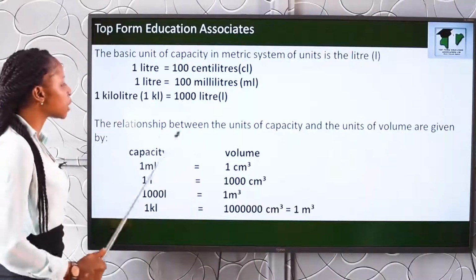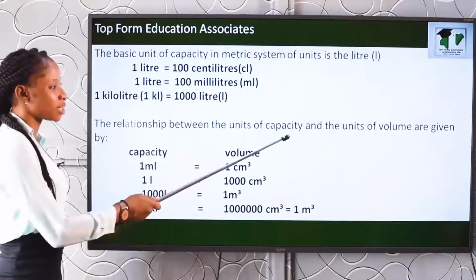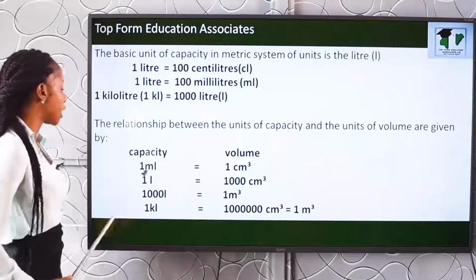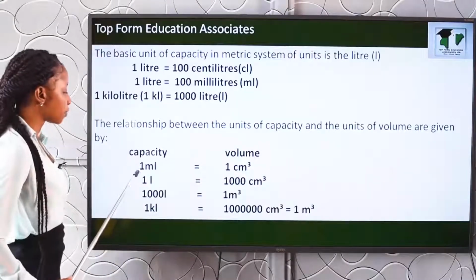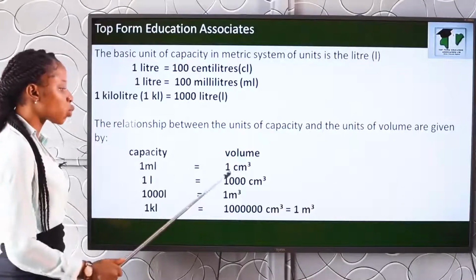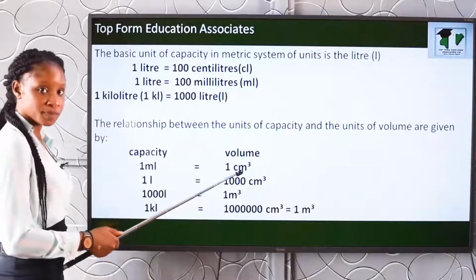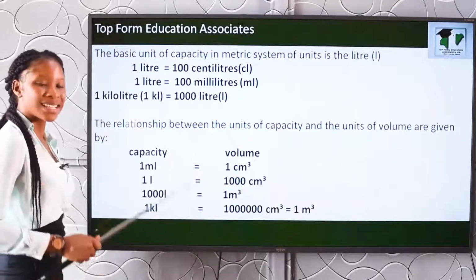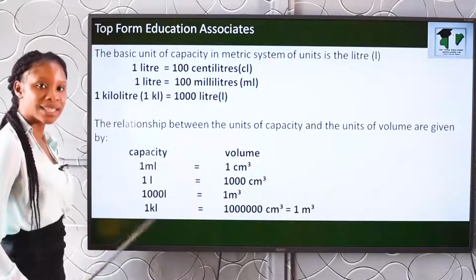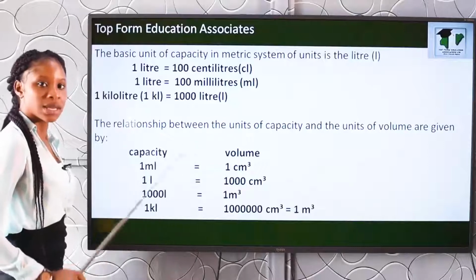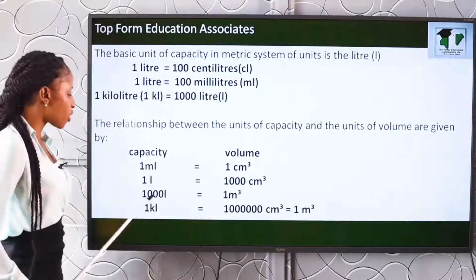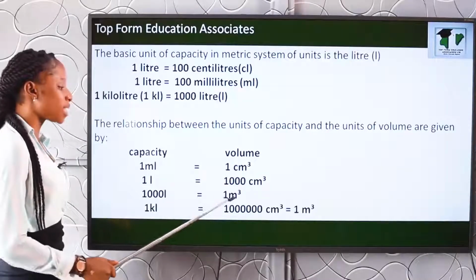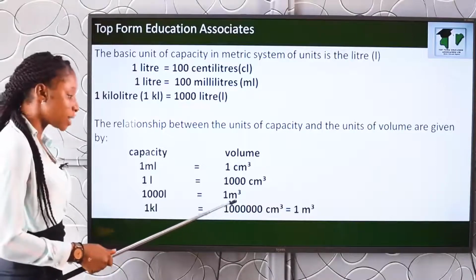Now, the relationship between the units of capacity and the units of volume are given by: 1 milliliter makes 1 centimeter cubed. 1 liter is equal to 1,000 centimeters cubed. 1,000 liters make 1 meter cubed.